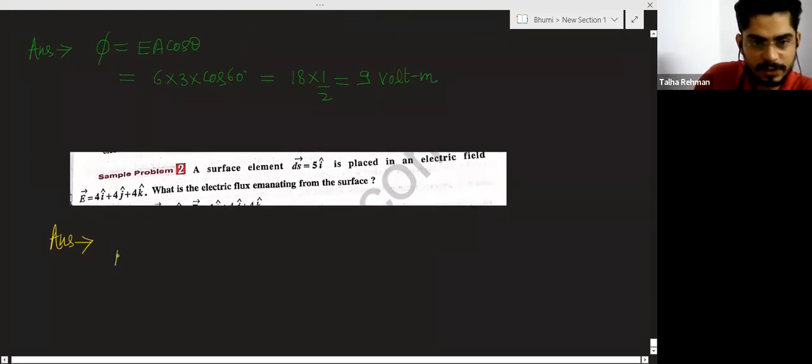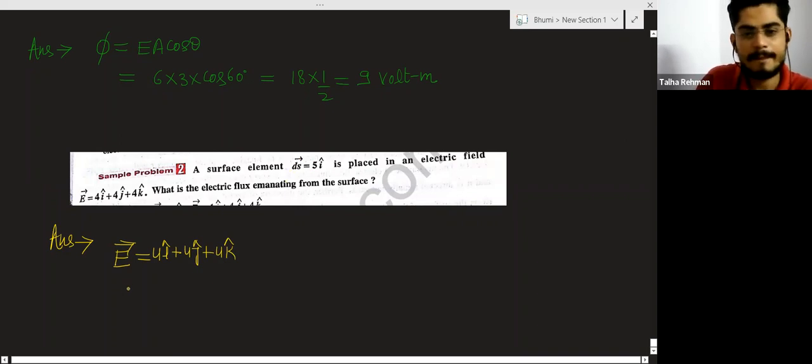Electric field is given to us: 4I cap plus 4J cap plus 4K cap. And ds, which means the area vector, is given to us: 5I.